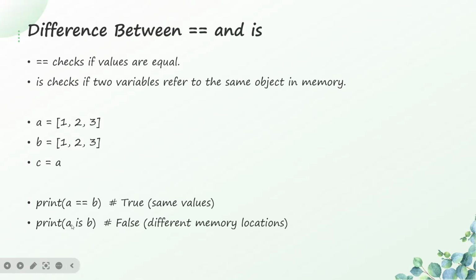But if you say A is B, now, I have to also explain this. There's something we call primitive and reference objects. I don't think I have mentioned it before, but it is something we will have to talk about. Now, the reason why when I was doing X equal to 8 and Y is equal to 8, they were pointing to the same location is because they are primitive values.